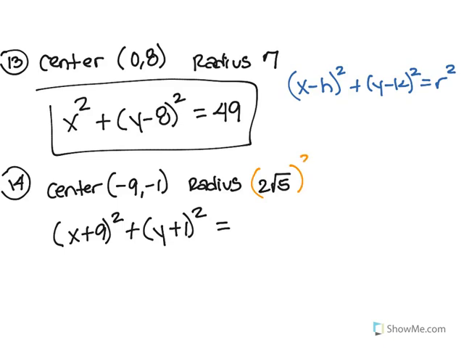Now you can square this, which would give me 4 times 5, which is 20. Or you can look at it as if there's a 2 on the outside, I had to have a 4 on the inside times that 5 to make me have a 20. So you can look at it one or two ways, but that's going to be 20. Very good.